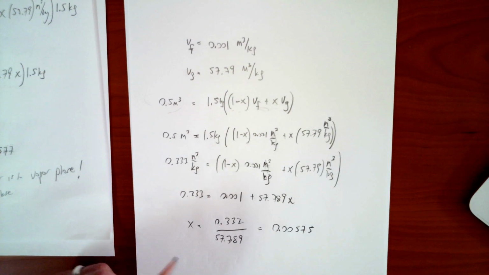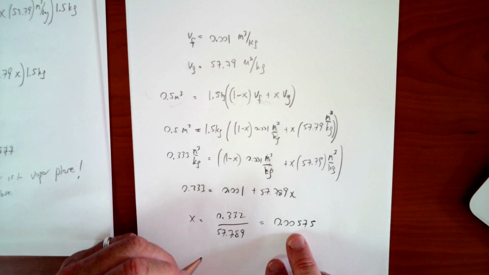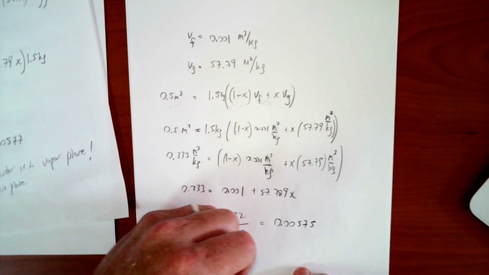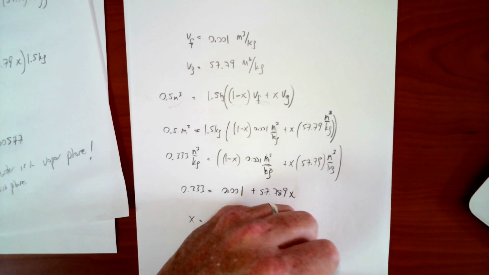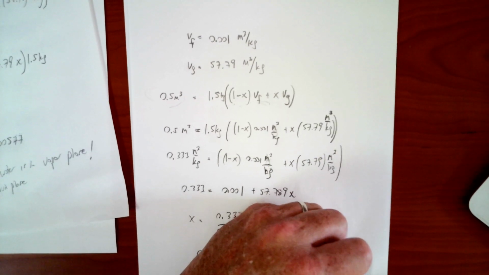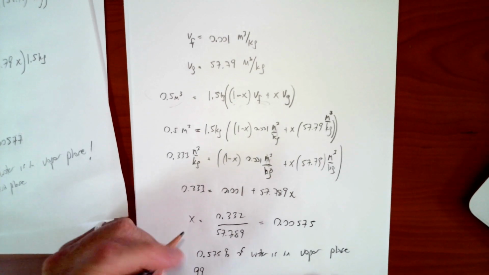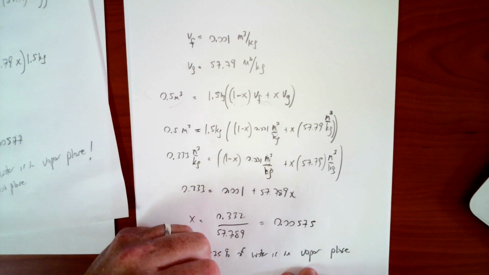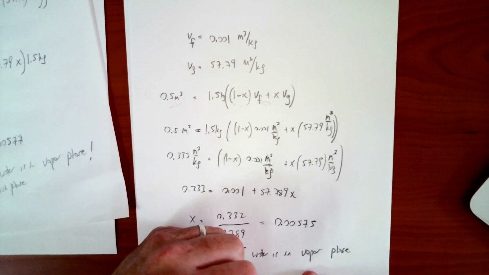Very, very little of the water is in the vapor phase. This is a very small number: 0.575% of the water is in the gas phase, and a huge amount of it, 99.425%, is in the liquid phase.